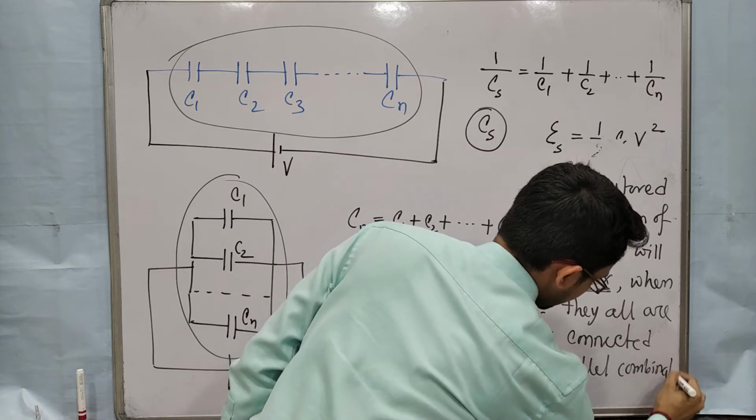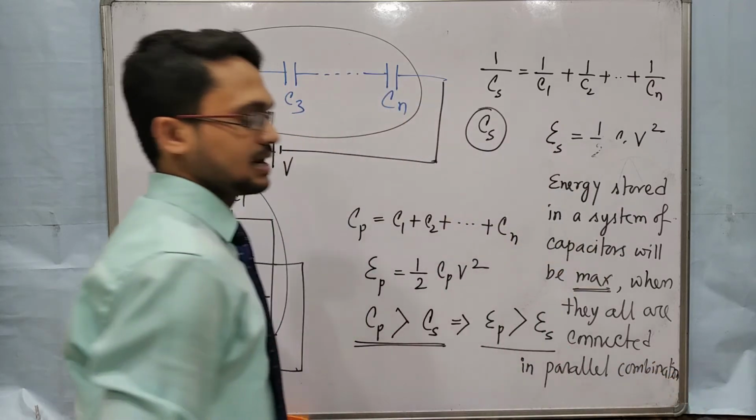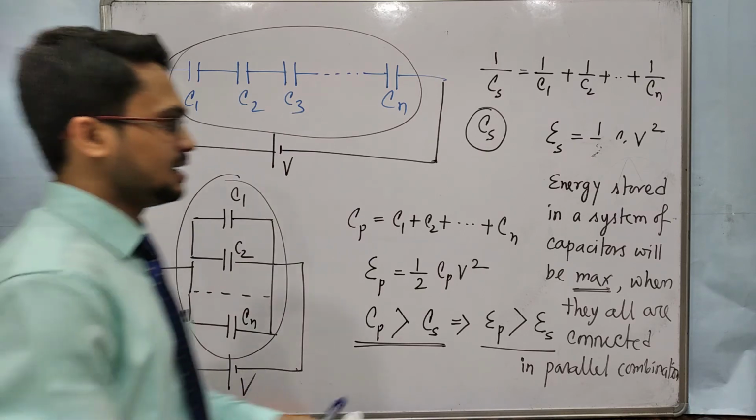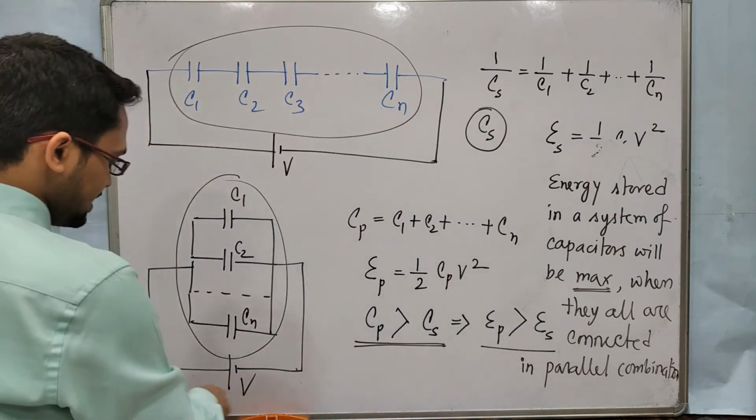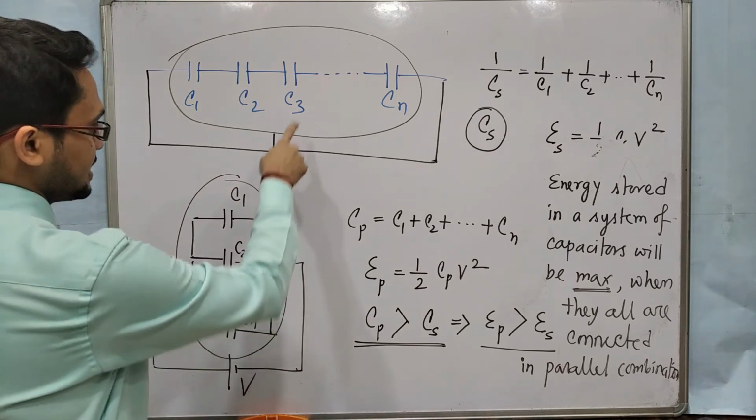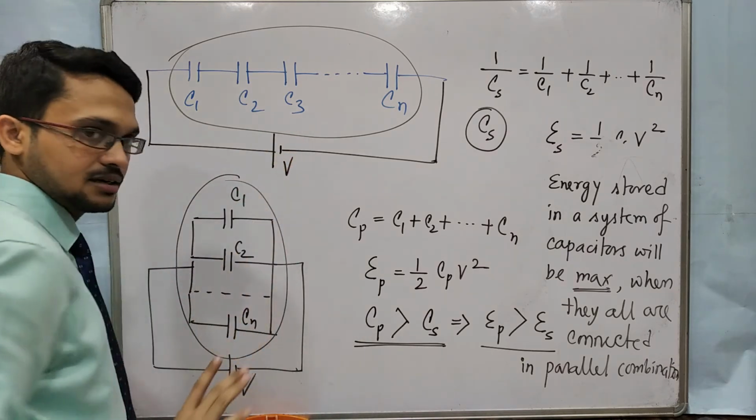Okay, when they all are connected in parallel combination, then you will get maximum energy stored in that system. Okay, and here V is constant, here and here in these two circuits V is constant, right?